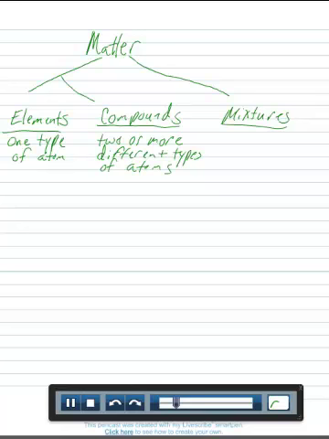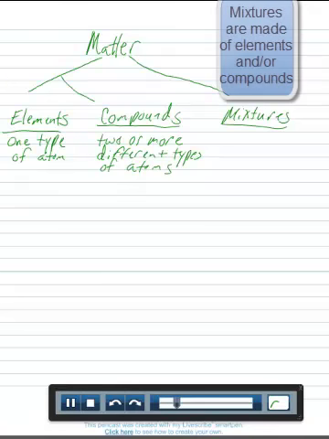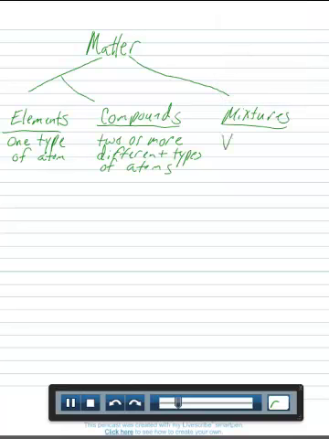And mixtures are also made out of two or more different types of atoms. But there is a difference. The biggest difference being that mixtures have what's called varied composition. What that means is mixtures can be made in any proportion.